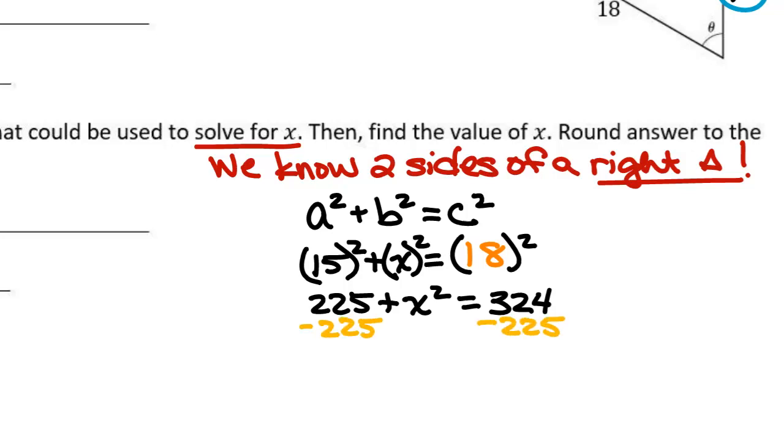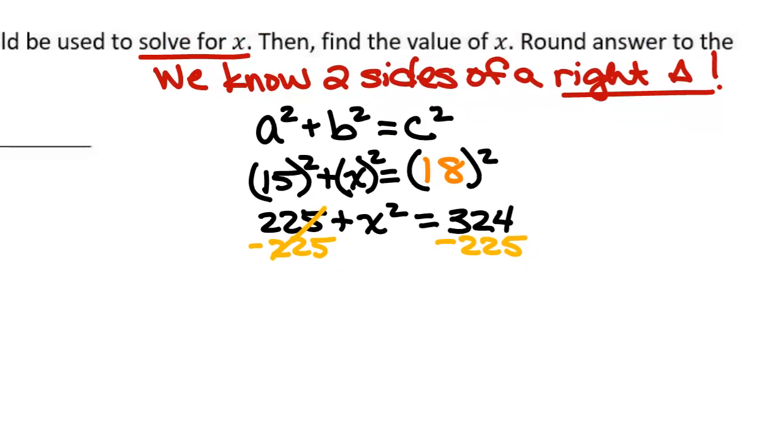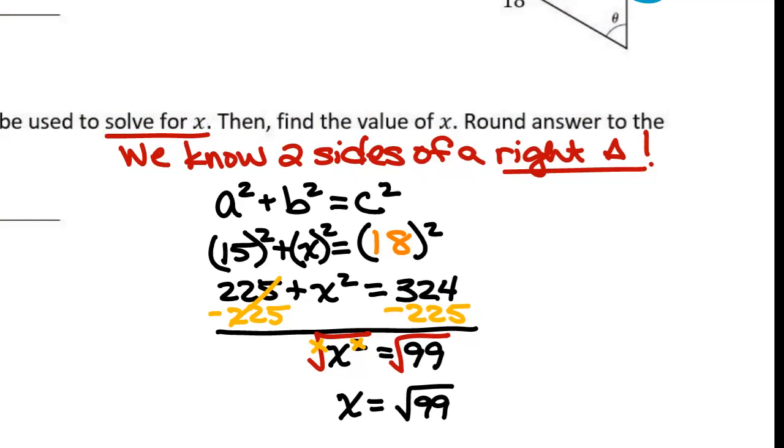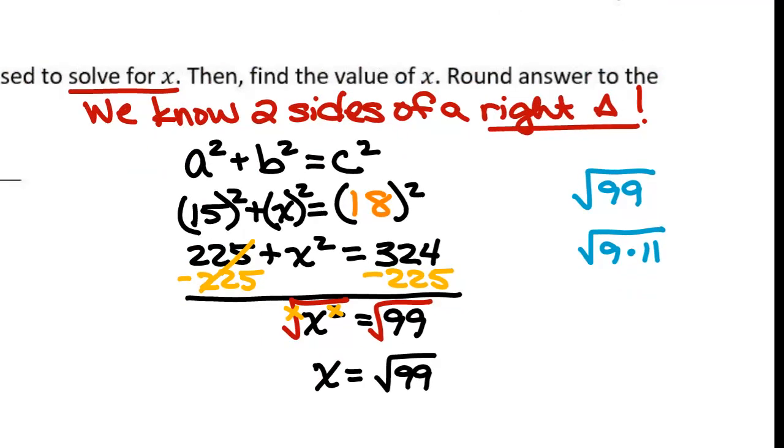Subtract 225 from both sides. You get that x squared is 99. Take a square root of both sides. On the left, the squared and the square root cancel. So you would have x is equal to the square root of 99, which we have to simplify. Let's see, 9 goes into that. That would be 9 times 11.